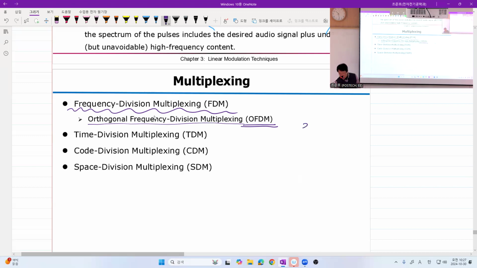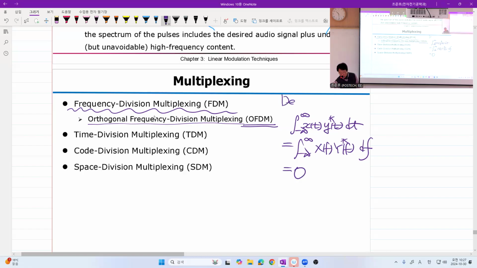Suppose you have Parseval's relation of two signals, and if it is zero, we have orthogonality. Y could be real.